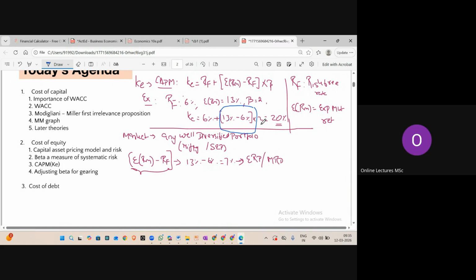When you multiplied this by 2, for example, say this is the beta of ONGC, the 7 market risk premium multiplied by 2 gives 14. 14 is ONGC's risk premium with respect to that well diversified portfolio. Absolutely.